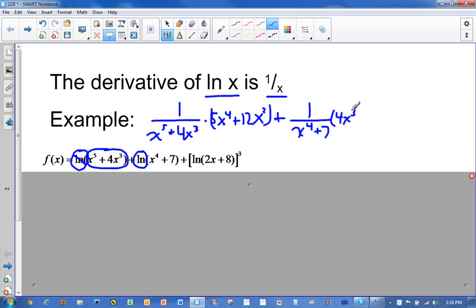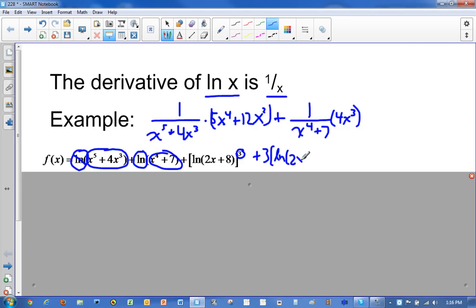And then in this third term, I've got 3 functions, and the very outside one would be this cubic. So the derivative of something cubed is 3 times that something squared.